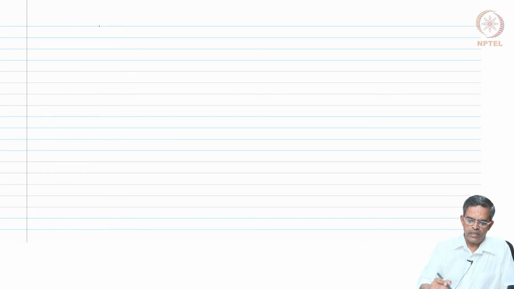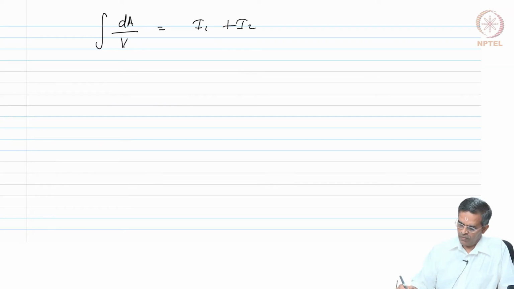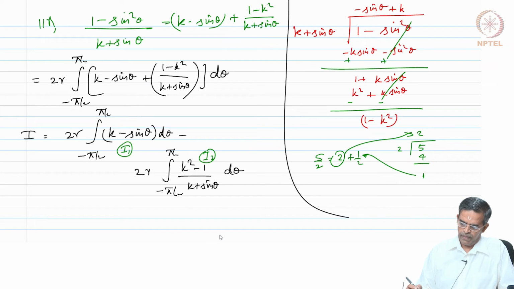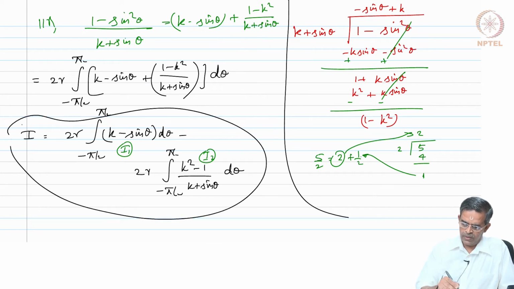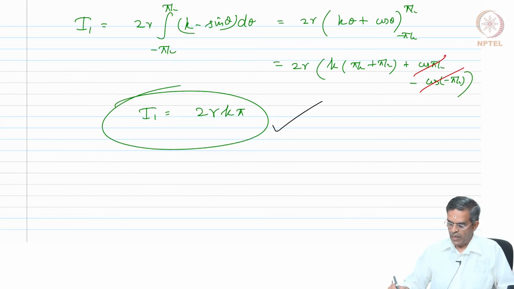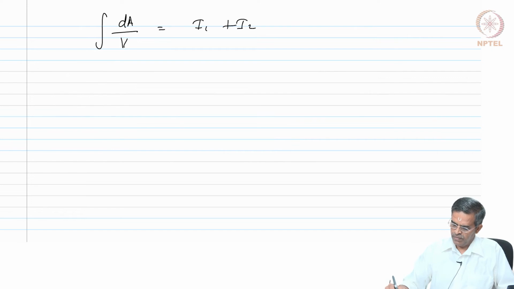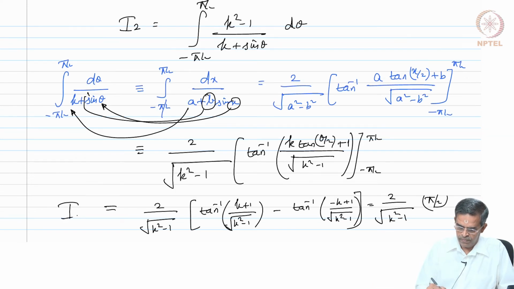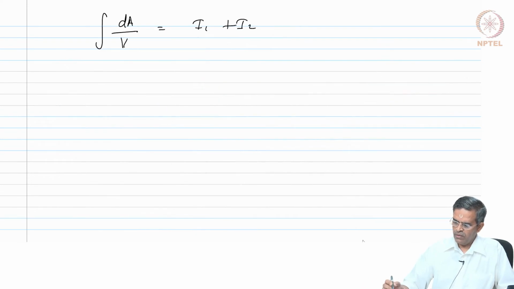So, now I can say the integral dA by V is I1 plus I2, that is what we have here, is it not? The integral dA by V is actually I1 plus I2. I1 we already have with us and I2 we just now had. Okay, let us do that.